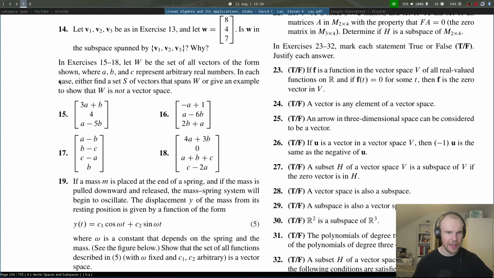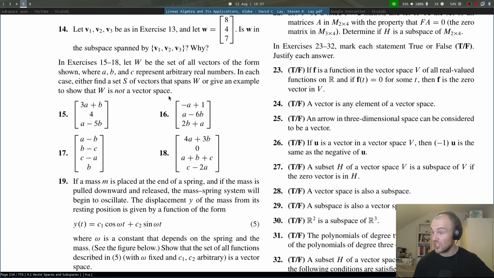In exercises 15 to 18, let W be the set of all vectors of the form shown, where a, b, and c represent arbitrary real numbers. In each case, either find a set S of vectors that spans W, or give an example to show that W is not a vector space.